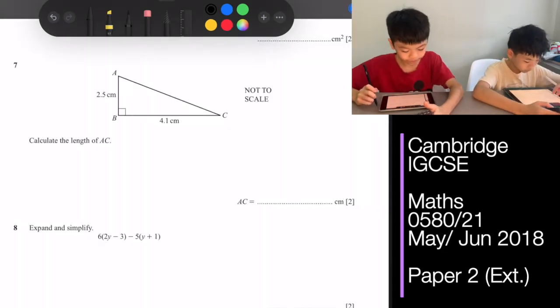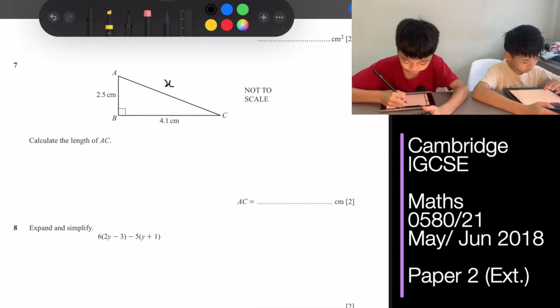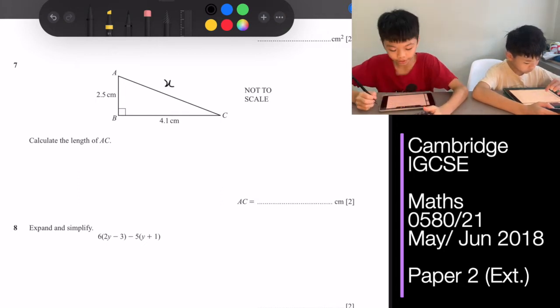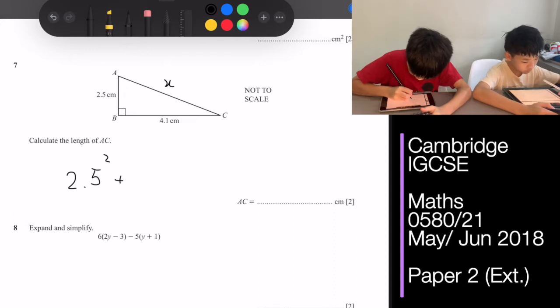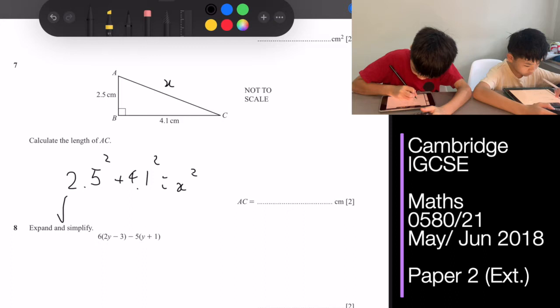Okay, so for our next question, calculate the length of AC. X is the hypotenuse of this triangle. So we'll use the Pythagorean theorem where 2.5 squared plus 4.1 squared equals to x squared.